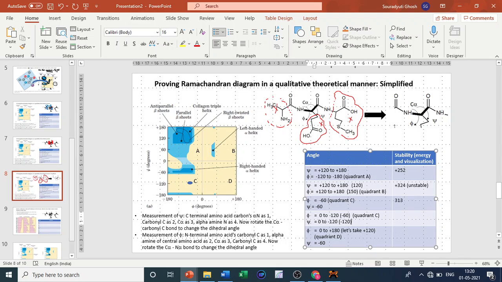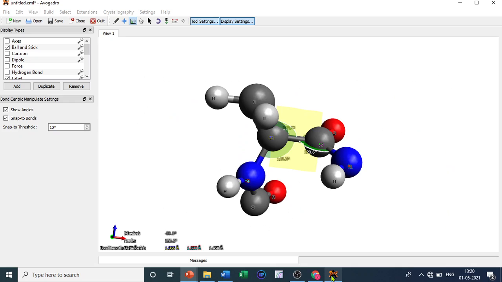Theoretically we should have a higher energy than this one, because this is not supposed to be very stable, right? So let's increase the phi, but let's see what we already have right here. We already have the psi dihedral angle selected.